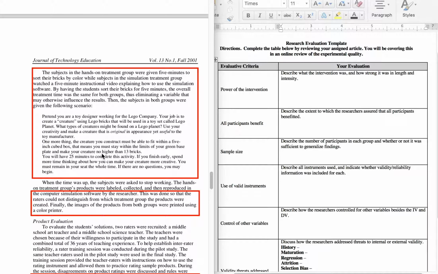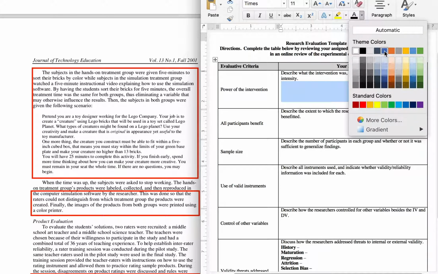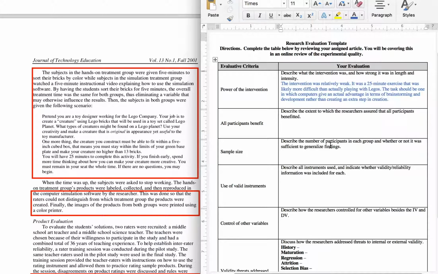So that's it. Right now, when we're thinking about how that kind of works out in the theory, they were trying to test was that creativity can be enhanced by the use of computer simulations or computer software.